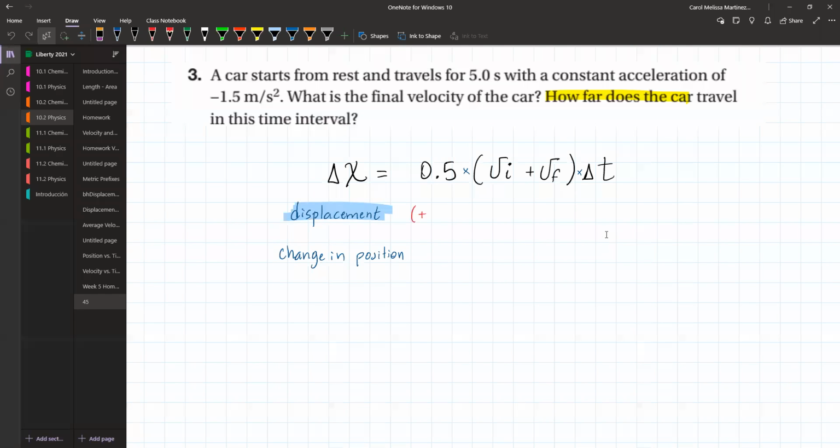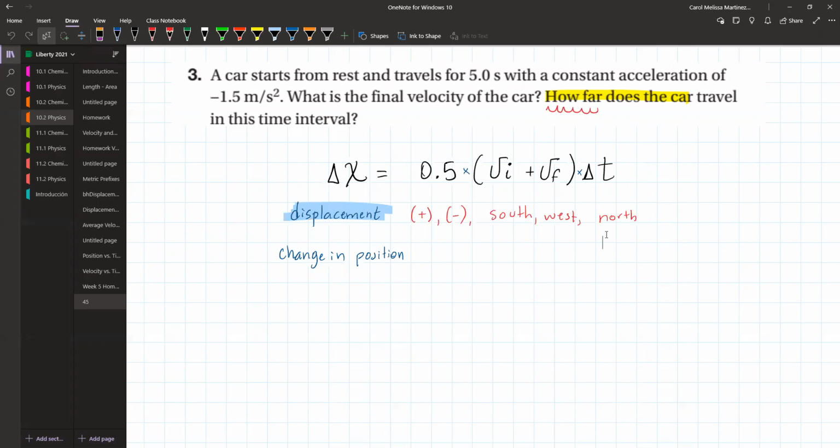It could be positive, negative, south, west, north, etc. That means that displacement implies direction. In this case, the problem is not asking you about displacement. It's just asking you about how far the car travels, and by how far, it means distance.